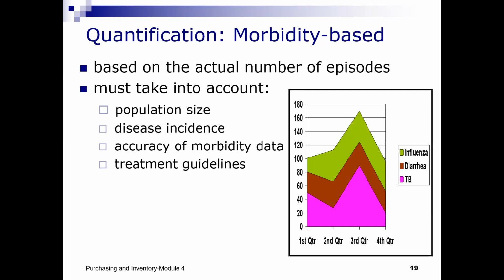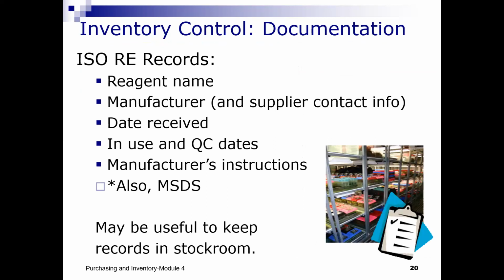And so if you haven't been using this test before, you might use the incidence of the disease in past years or hospital admissions for acute respiratory illnesses as a way to guide your estimates of how many tests you're going to need in the future. Especially if there's a new treatment guideline out by your hospital that says every inpatient should have a flu test, then you're going to know that you're going to have an increase in the demand for those tests, and that can help you plan as well.